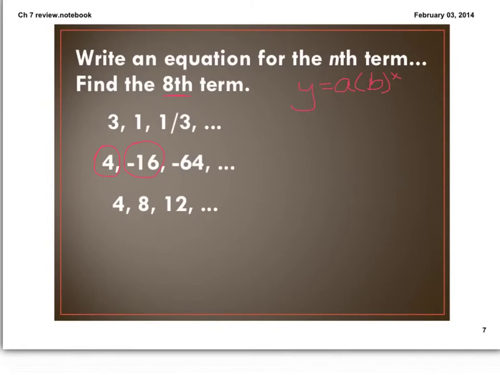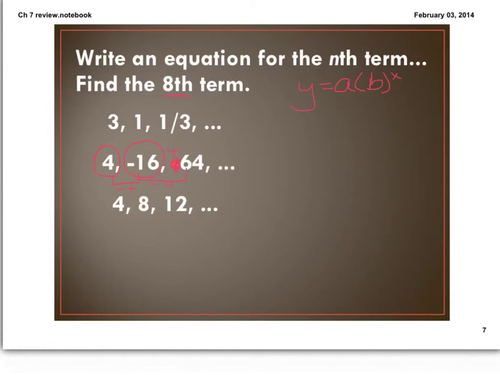So 4 times a negative 4 would give me my negative 16. Negative 4 times negative 4 would not give me negative 64. So this is not even a geometric term. I think this is just a mistake in the slide. So let's just make this positive 64, because now I can use my pattern. So my growth factor, or my factor, common factor, is negative 4.